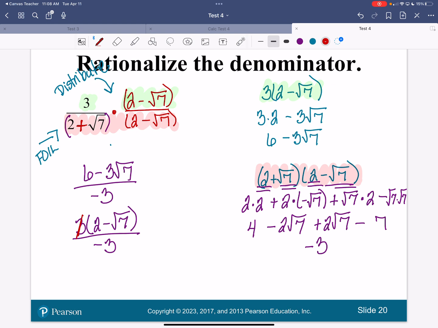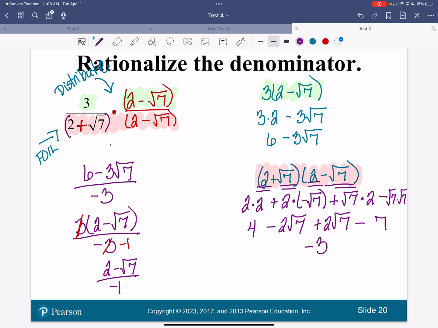This 3 cancels. What am I left with in the denominator? Not in the denominator. Negative 1. Okay, good. So I've got a negative 1 in the denominator I can't forget about. Okay, so then I've got 2 minus the square root of 7 over negative 1.